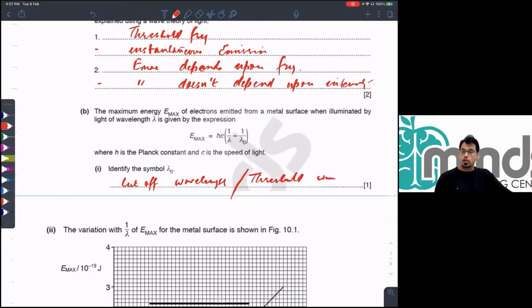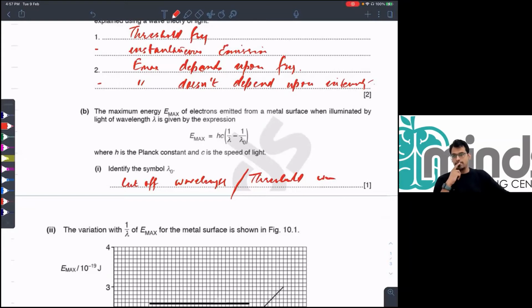I hope you remember the cutoff wavelength is the maximum wavelength at which the photoelectric effect can occur. If wavelength increases from this value, frequency will be less than threshold frequency, and the photoelectric effect will never occur. That's why lambda naught is called the cutoff wavelength.